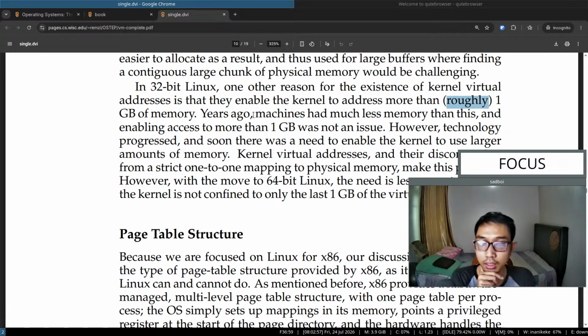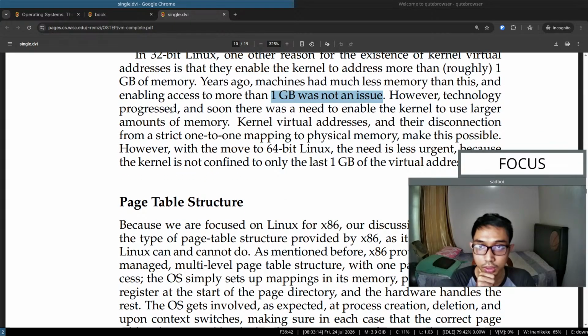Years ago, machines had much less memory than this, and enabling access to more than 1 GB was not an issue. However, technology progressed, and soon there was a need to enable the kernel to use larger amounts of memory.